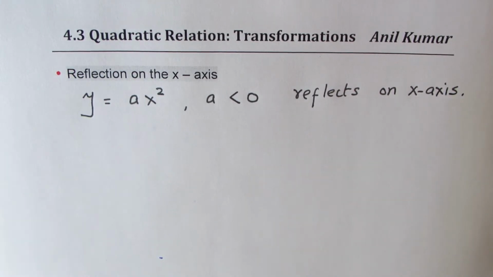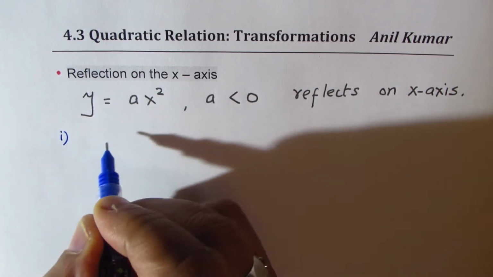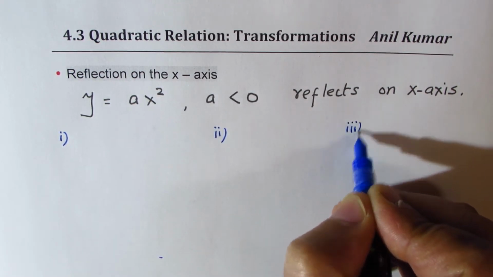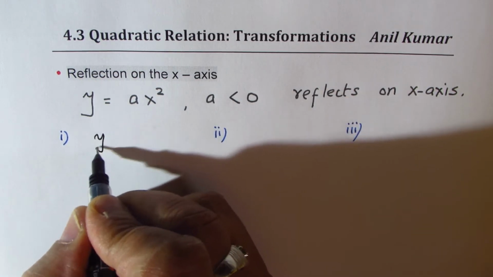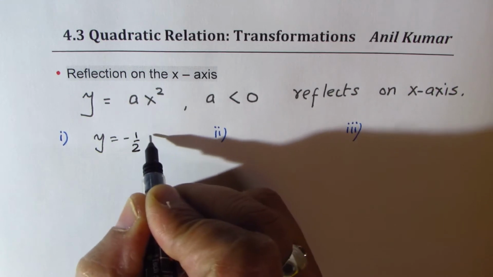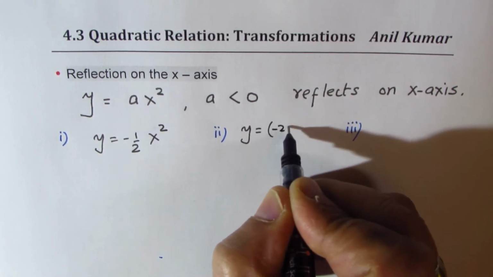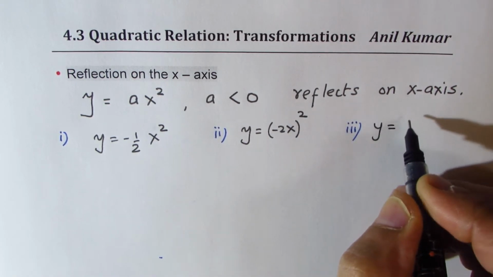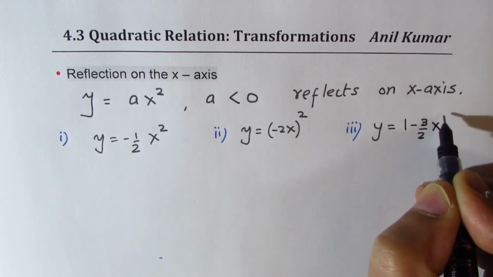There could be many examples, so let's take a few. Let me write down 3 examples for you: y equals minus half x squared, y equals minus 2x squared, and y equals 1 minus 3 over 2 x squared.